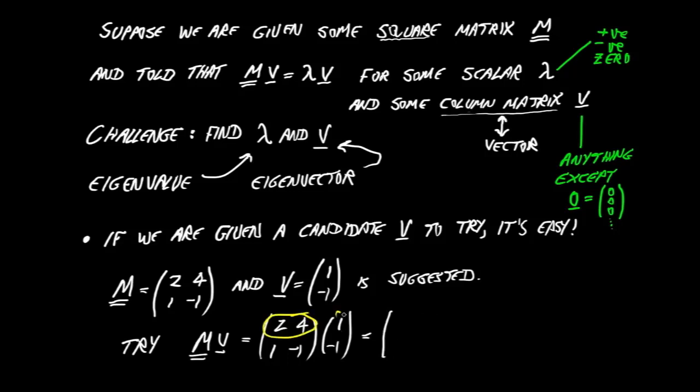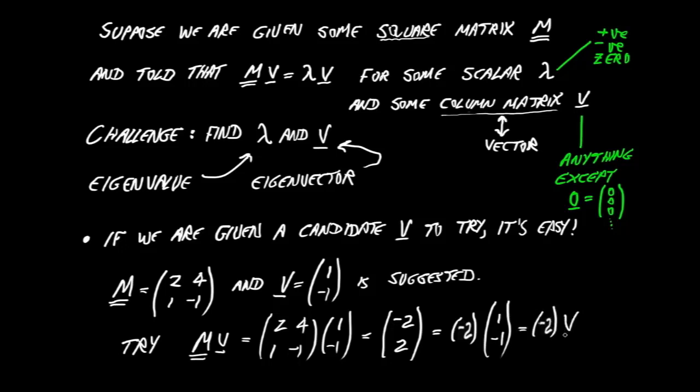And so we do row times column, that's 2 minus 4, which is minus 2. And again, row and column, that's going to be 1 plus 1, which is 2. And we notice we can take out minus 2 as a factor, and then the vector left is 1, minus 1, but that is just V. So minus 2 is indeed a scalar that multiplies V, and we've succeeded in proving that V is our eigenvector, and our eigenvalue that goes with it is minus 2.